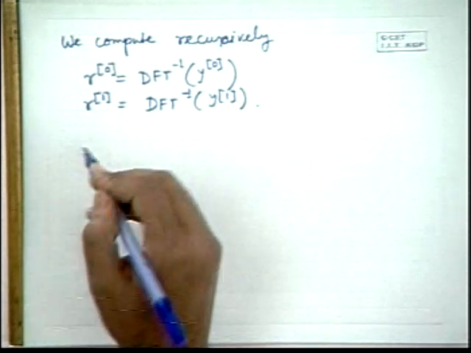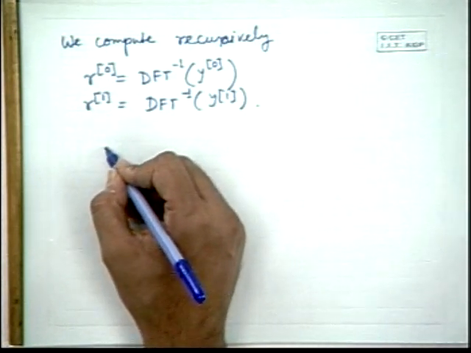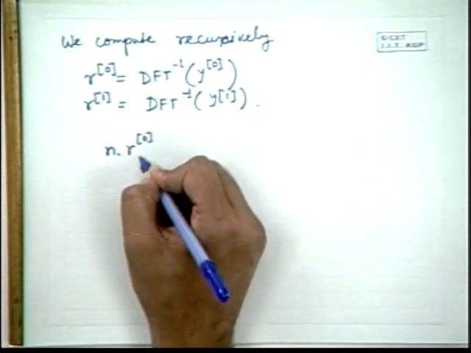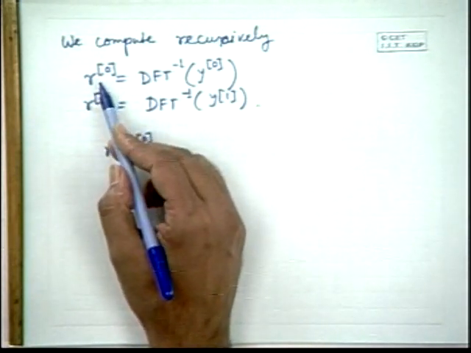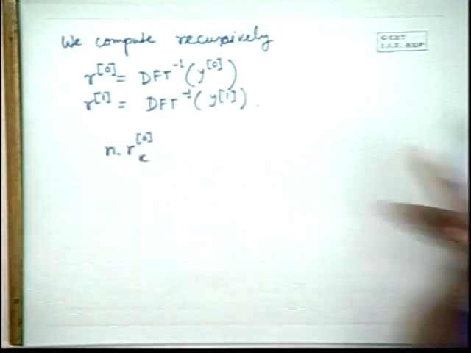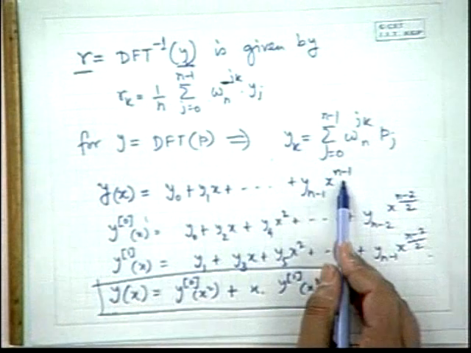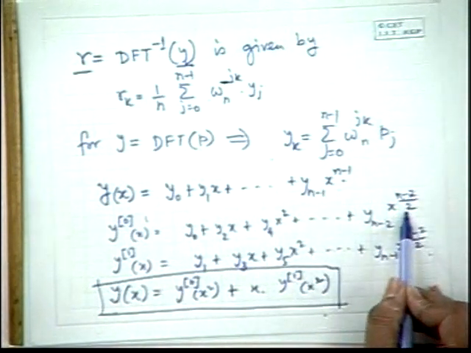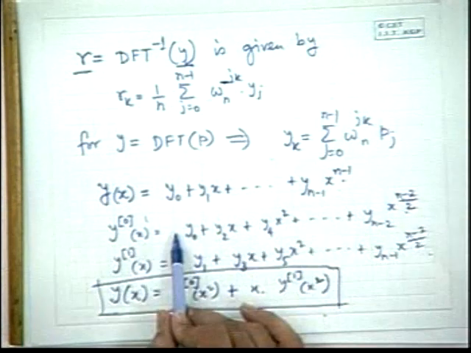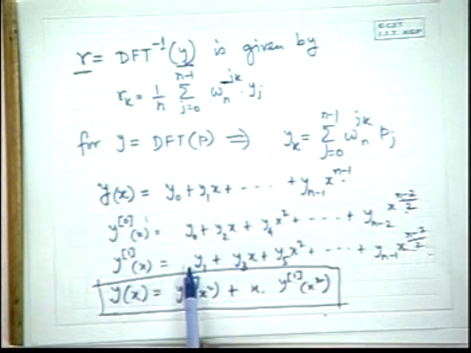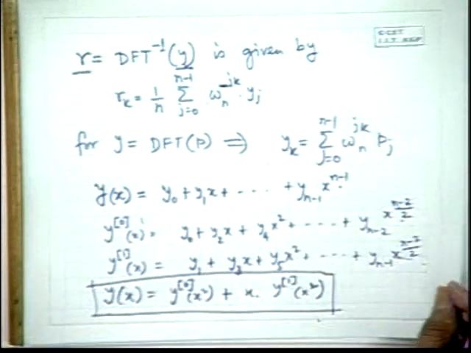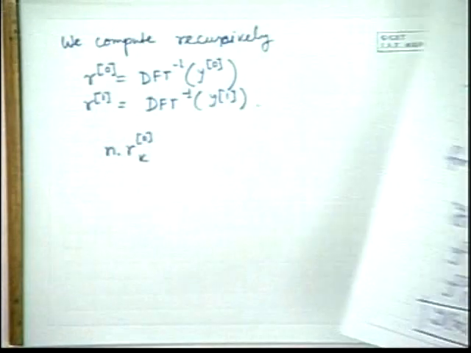Now let me write the formula for R0(k), n times the kth element of R0. This is a vector of n over 2 elements, since we have split it up to (n-2)/2. So there are n over 2 elements here and n over 2 elements here, so again we need the root of unity up to n over 2, just like the previous one.